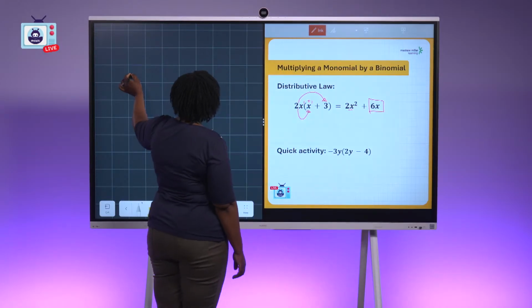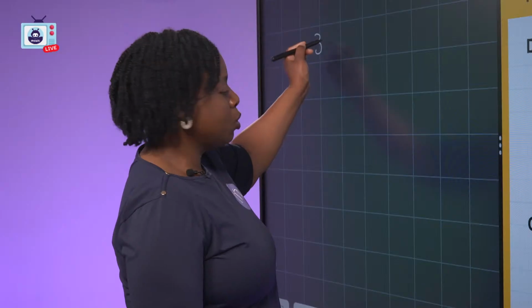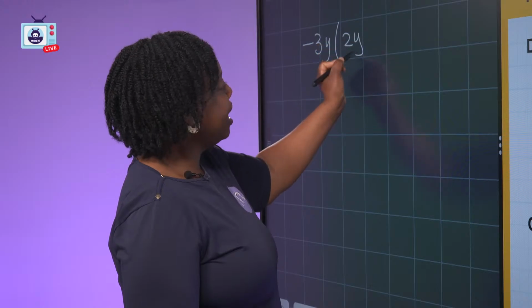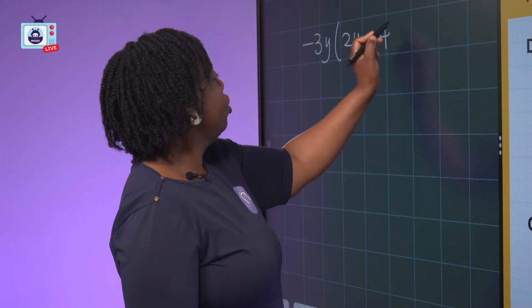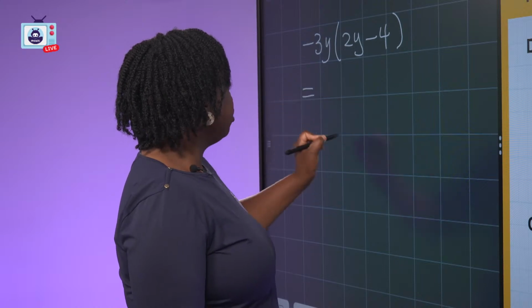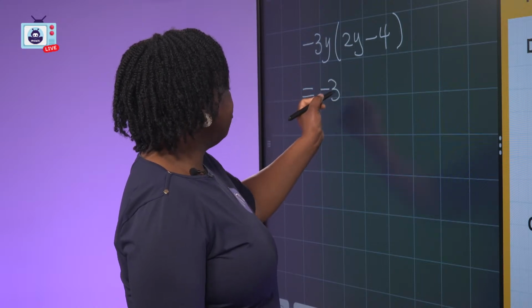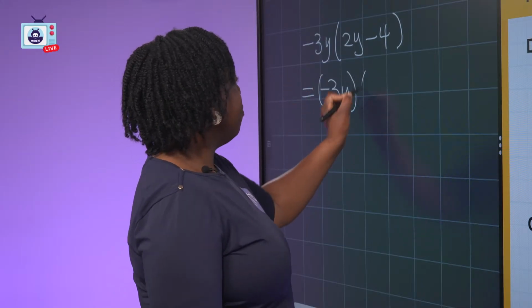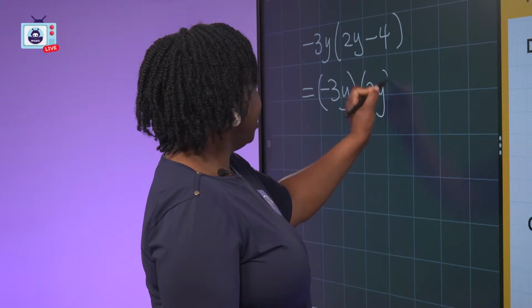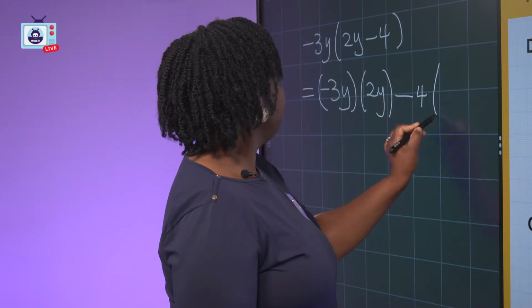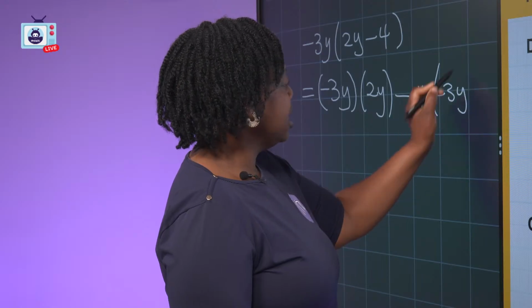Multiply your numbers together. So we have 3y, open bracket, 2y minus 4, and you leave it like that. That means we're going to have equals to a negative 3y. So we multiply this by 2y, and also minus 4 multiplied by negative 3y.